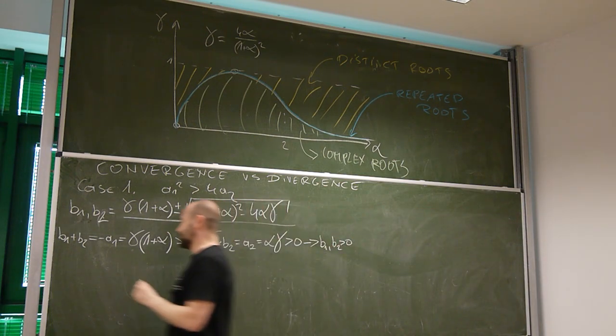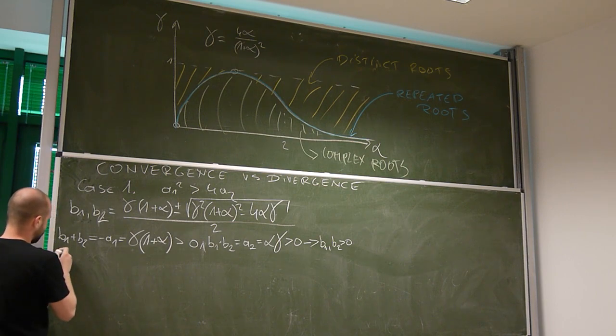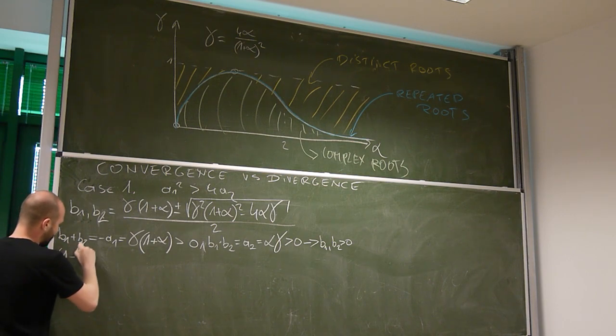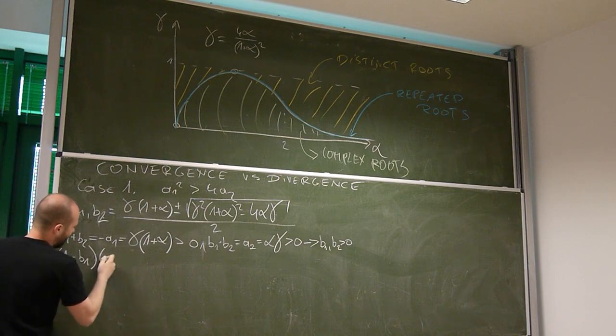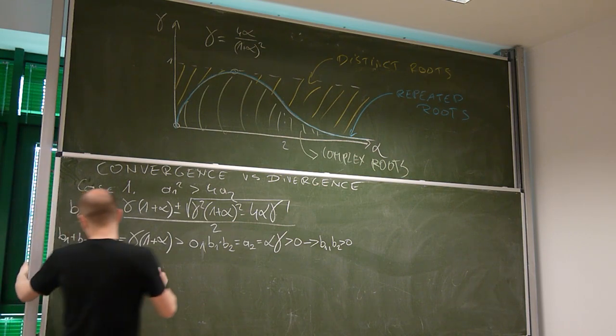Now, but let's consider one more case. Look, what if I multiply 1 minus b1 by 1 minus b2? What will I get out of it?